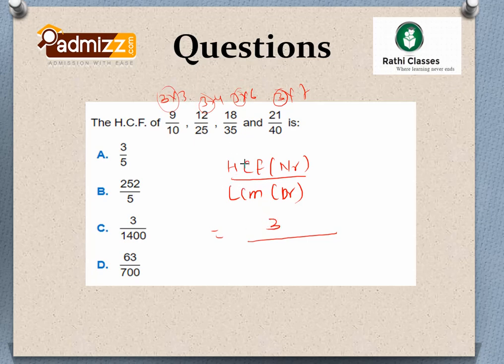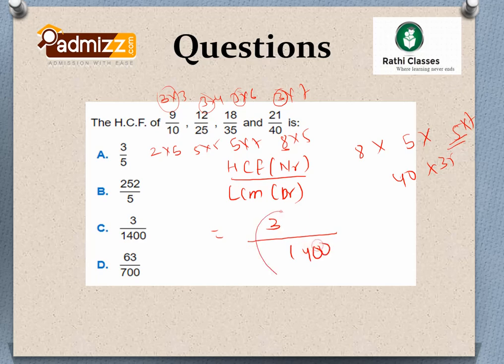Moving on to the denominators 10, 25, 35 and 40: 10 is 2 into 5, 25 is 5 into 5, 35 is 5 into 7 and 40 is 8 into 5. So 8 is the biggest, and 5 is common, and then again 5 and 7. So this is 35 into 40, which equals 1400. So the answer is C, 3 by 1400.